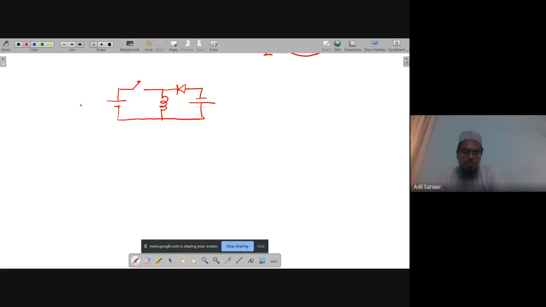The input voltage is given as 100 volts, the output voltage is 500 volts, the switching frequency is 10 kilohertz, and L is given as 100 microhenry.